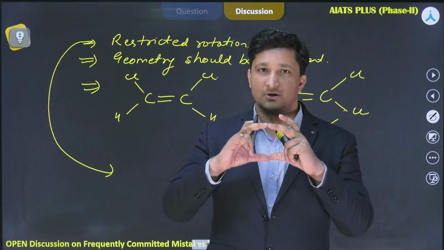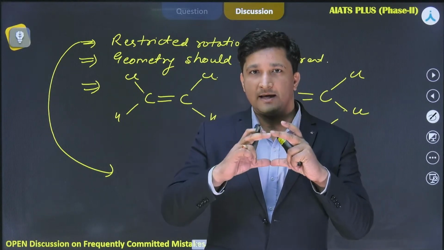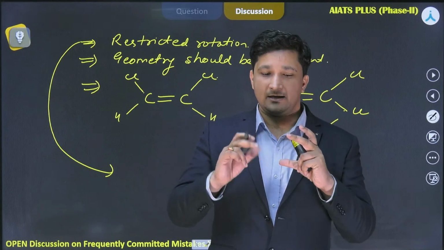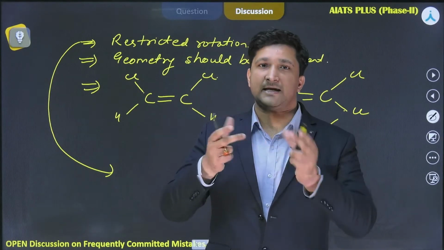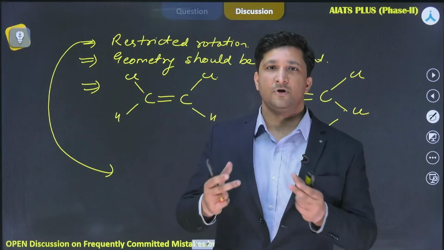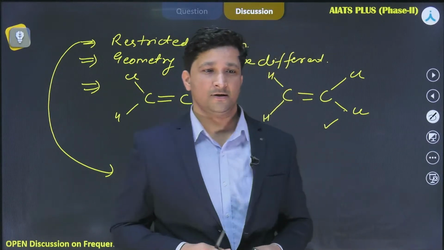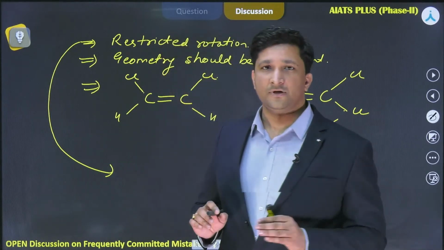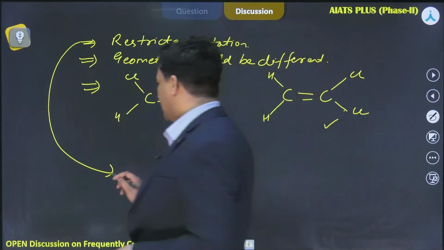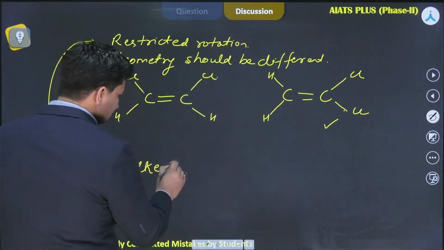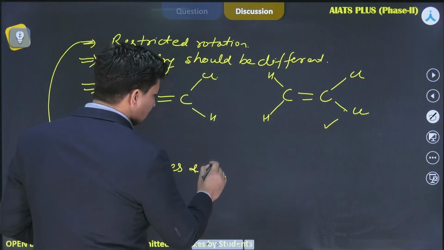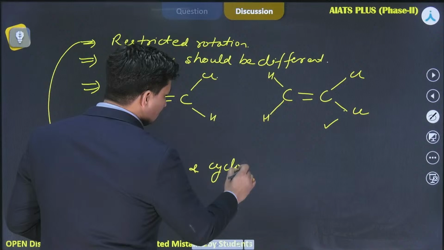Suppose a cyclic compound is there and you try to rotate it. The cycle will break; at one point you have to break the carbon-carbon bond. Therefore, we are going to discuss basically alkenes and cycloalkanes.